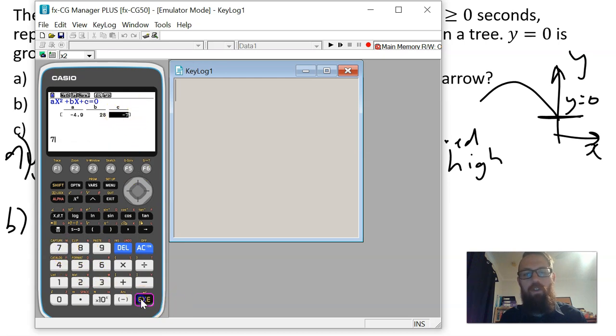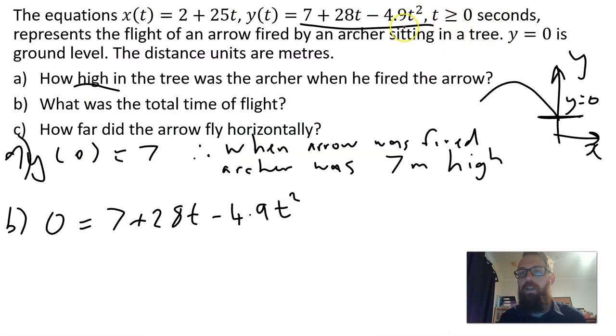If we put all of those values in, we get two numbers, 5.954 and negative 0.23. But the initial condition said t has to be greater than or equal to 0. So therefore, t equals 5.9.